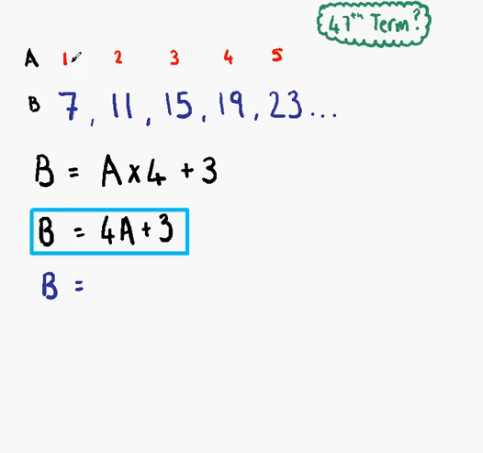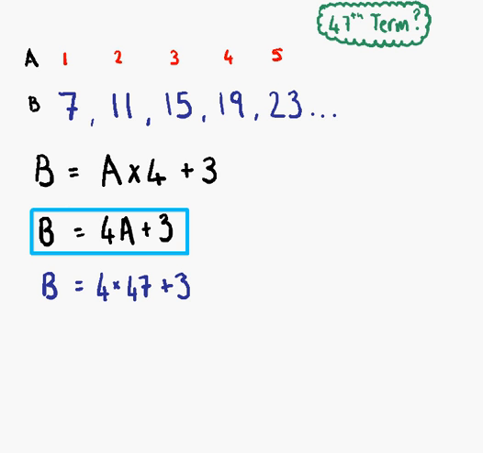A is our term numbers. We know it's the 47th term we want to figure out, so 4A is 4 times A, and we know it's the 47th term, so it's 4 times 47, and we know we must add 3.